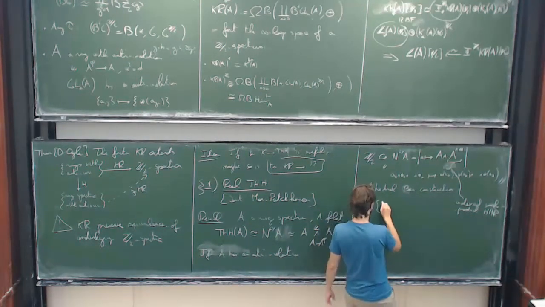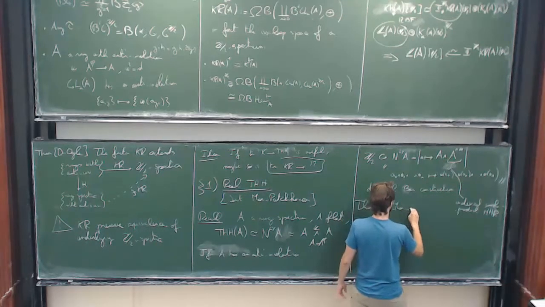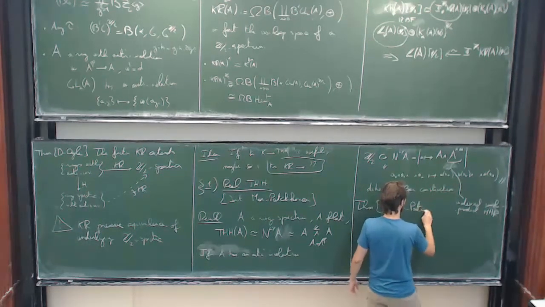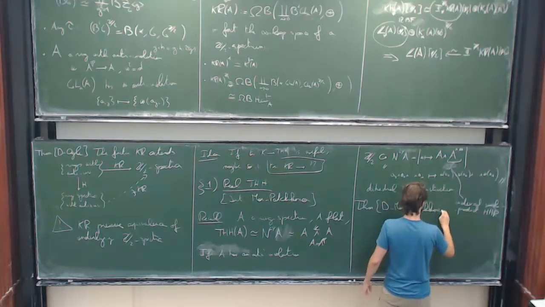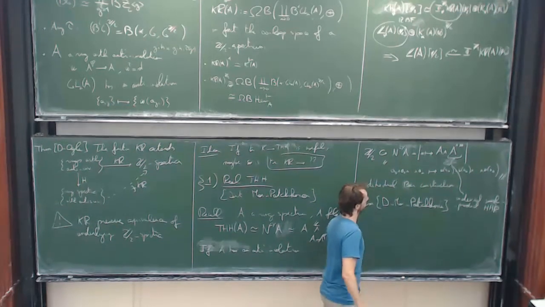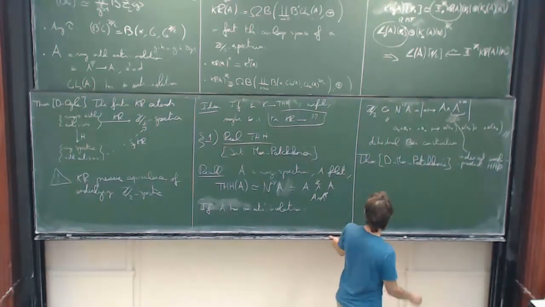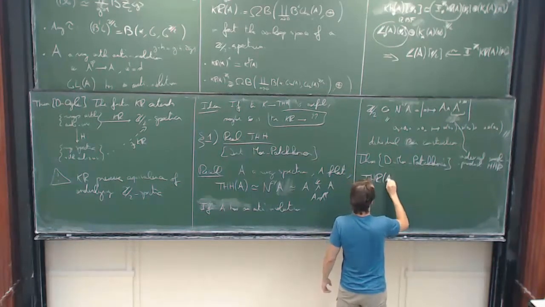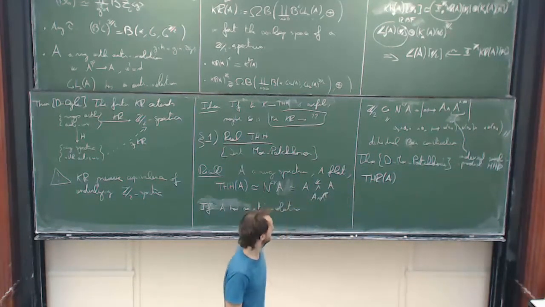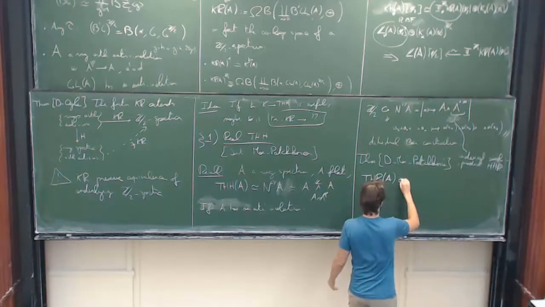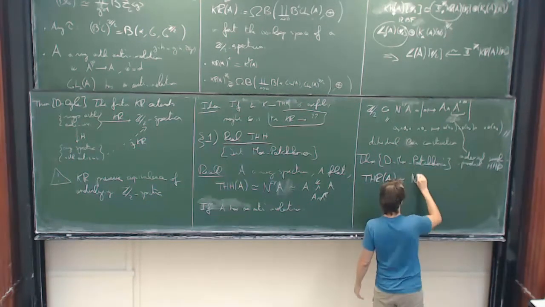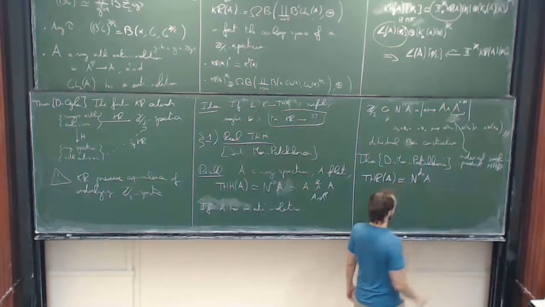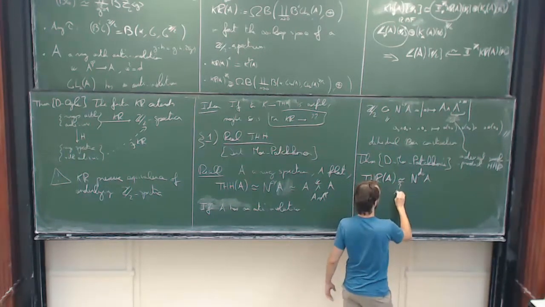And the theorem is that the real topological Hochschild homology can be modeled by this object, the dihedral nerve of A, if again A is flat.